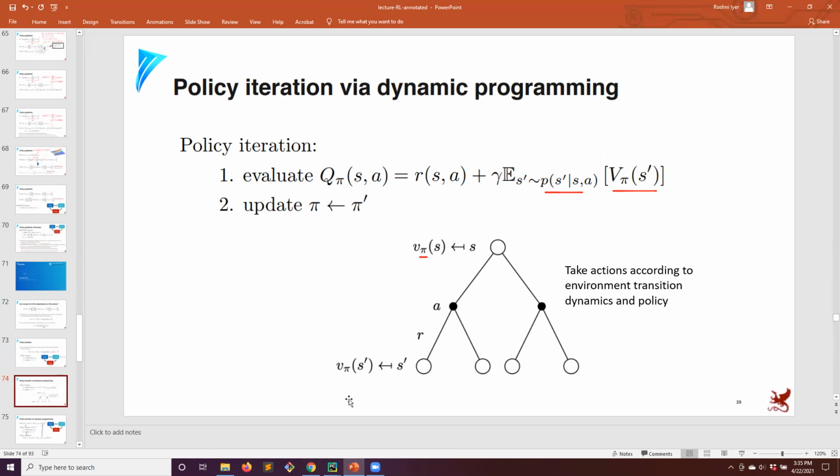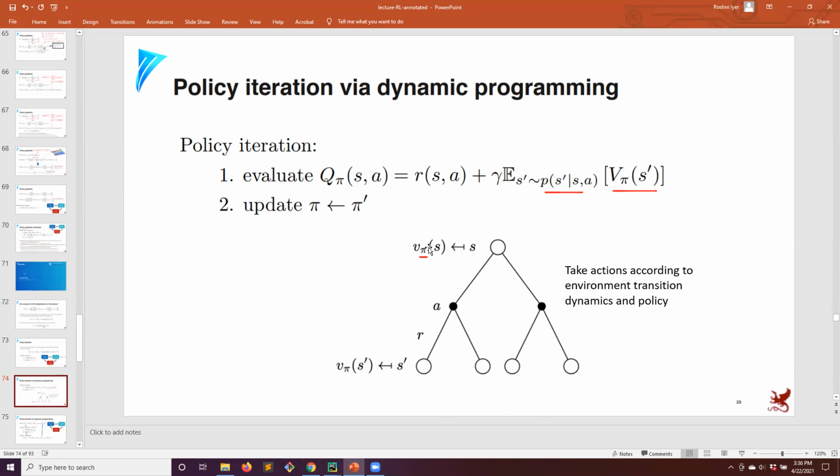And using this computation tree, we can see something similar here, where we have the states in these nodes, and these black nodes are the state-action pairs, and this is the next state, s prime. We can keep expanding this tree until we get to the leaf nodes, and then we can roll back up to compute the Q function, right?